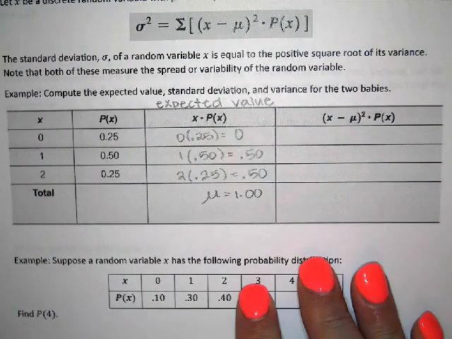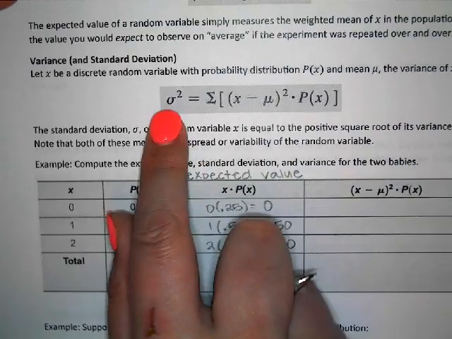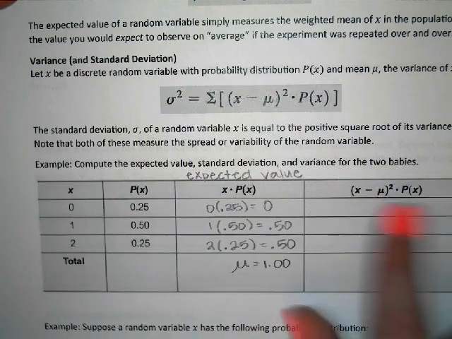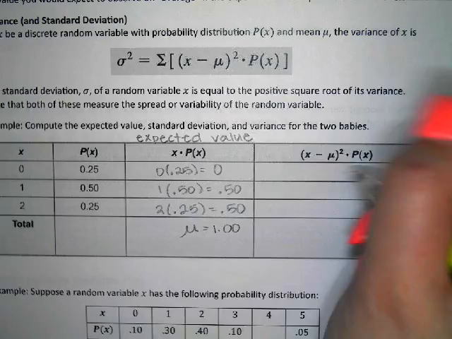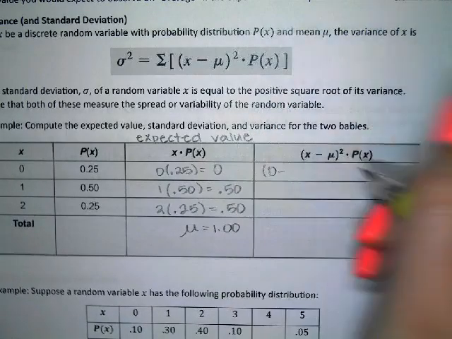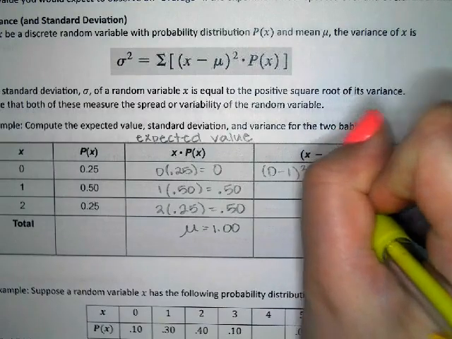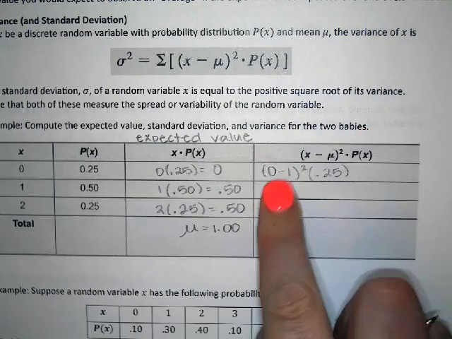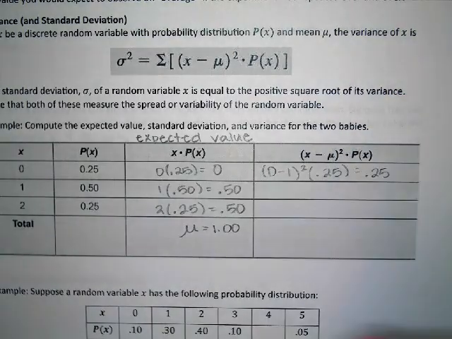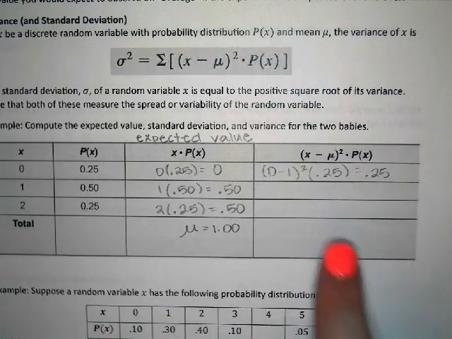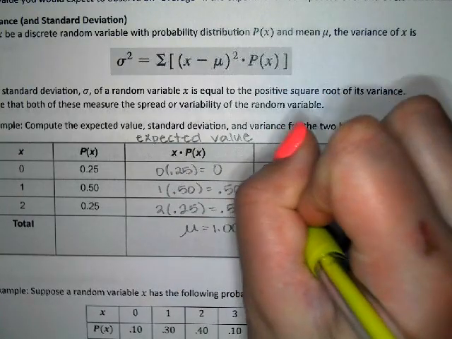Okay, now over here to calculate the variance, we're going to find each of these and then we're going to sum those as well. So I'm going to do x minus mu squared times the probability. So that's 1 times 0.25. The only reason I'm doing these not on a calculator right now is because this table is pretty nice. The values are not too bad. Otherwise, I would be using a calculator.